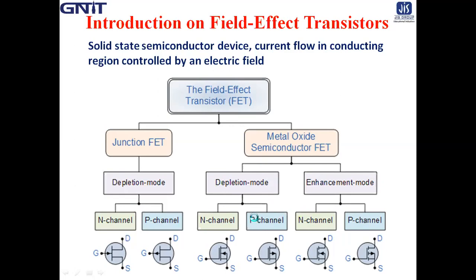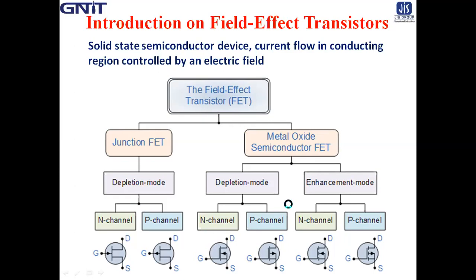Apart from the junction field effect transistor and metal oxide semiconductor field effect transistors, there are also some other types of FETs, but they are not in the syllabus, like metal semiconductor field effect transistor, known as MESFET. Other is insulated gate field effect transistor, IGFET. Modulation doped field effect transistor, MODFET. They are also types of FET, but they are not present in the syllabus.